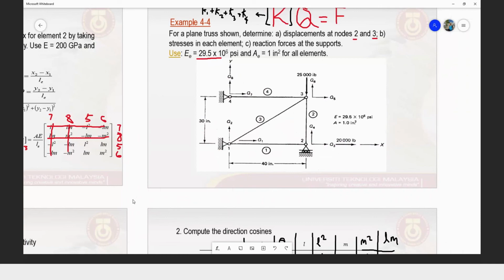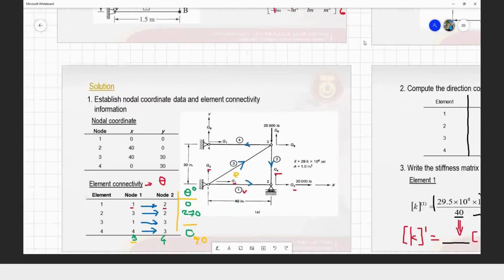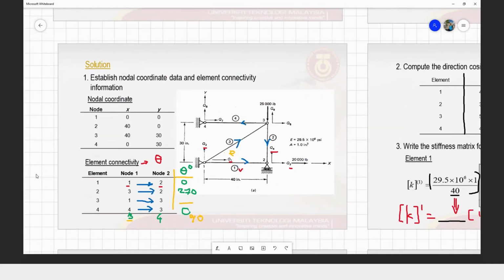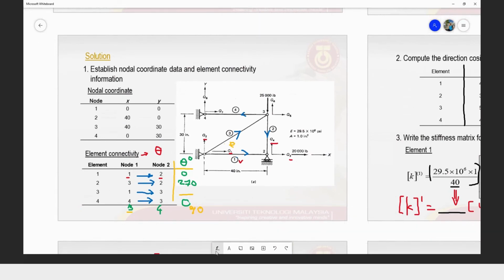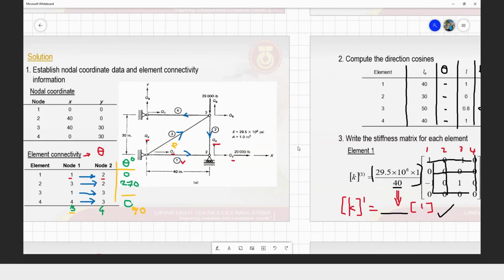Table yang asal. Macam contoh ni kan, table ni, activity ni. Yang daripada nombor 2.